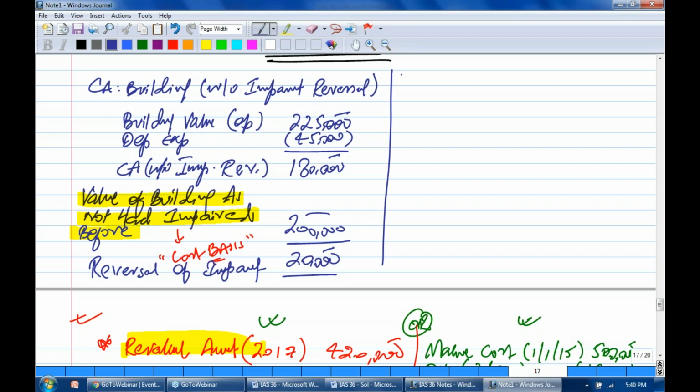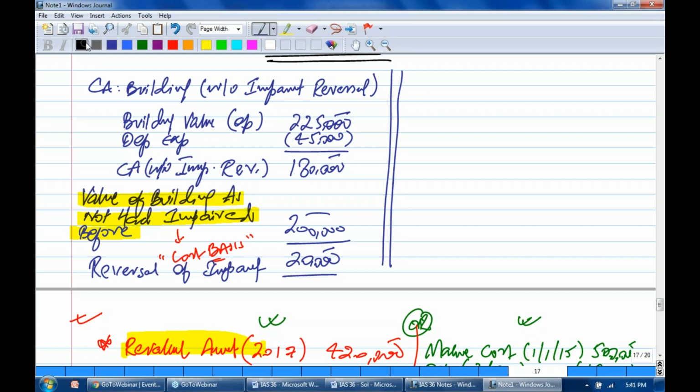And what we were discussing, if we are going to reverse the impairment aspect, number one, what will be the transaction?